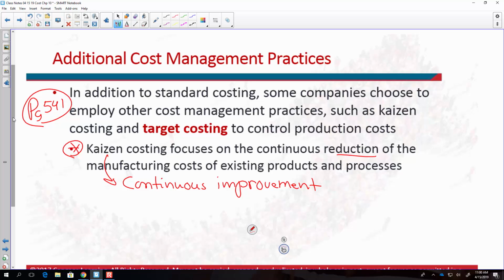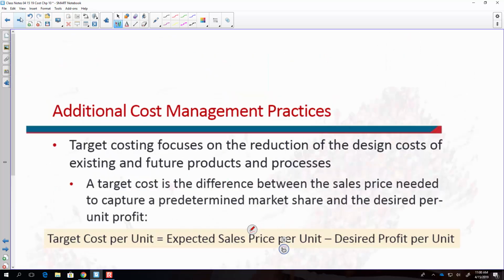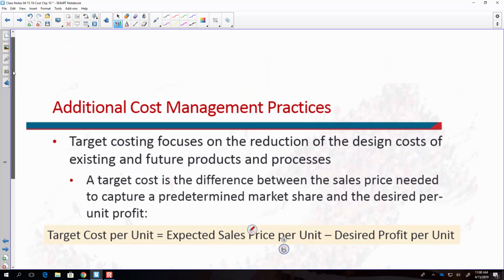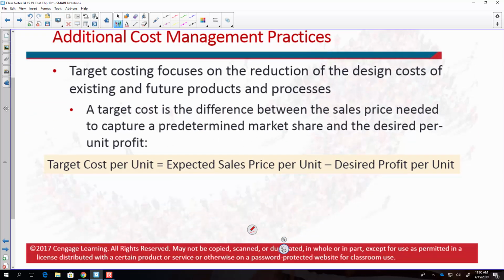The next one is target costing. There is a small actual computation here. It's a simple subtraction. We're taking the sales price. Let's just assume it's an iPhone. Can you get an iPhone for $1,000? We'll consider it cheap.